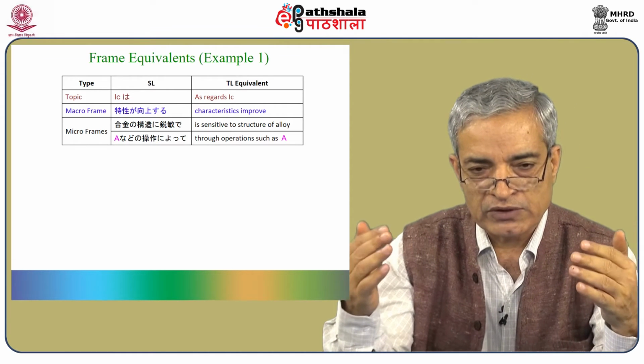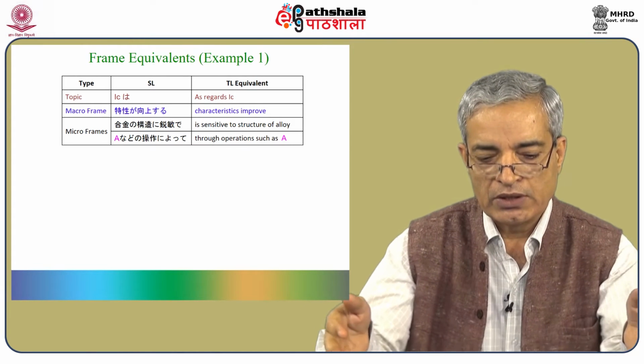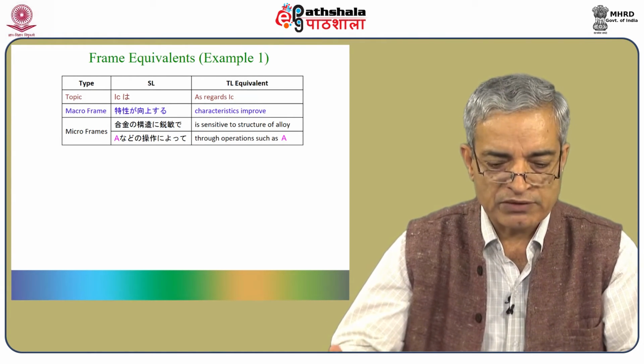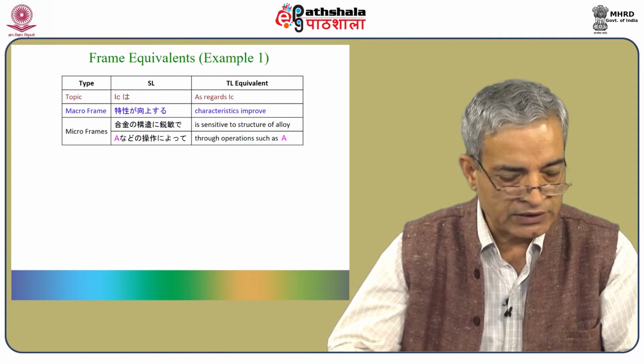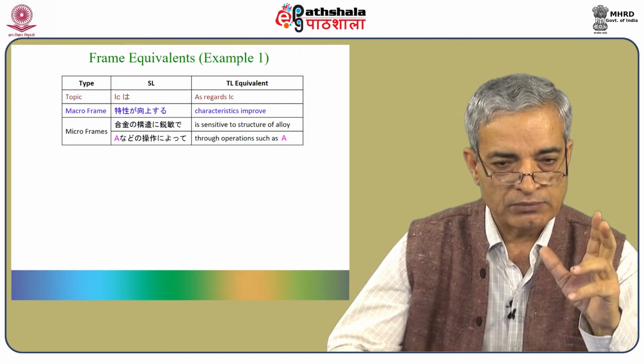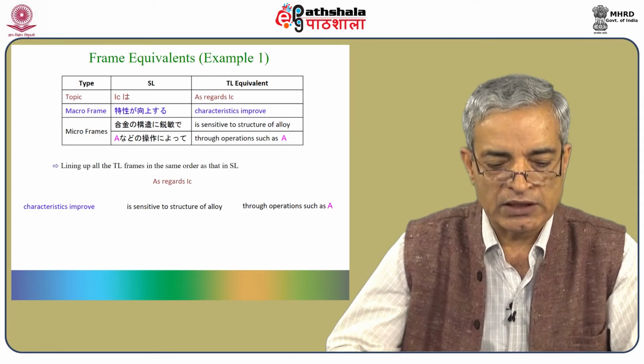See, we have some certain elements which have been kept aside. We will add those elements at a later stage. Those elements are adjectives and adverbs only, so it won't make much difference even if they are added at a later stage. But we have actually captured both the macro as well as micro frames accurately. Now let's try to line them up.